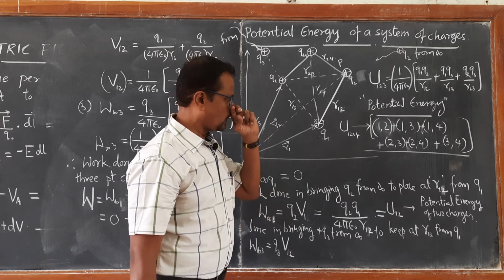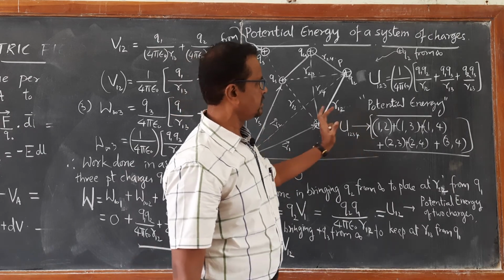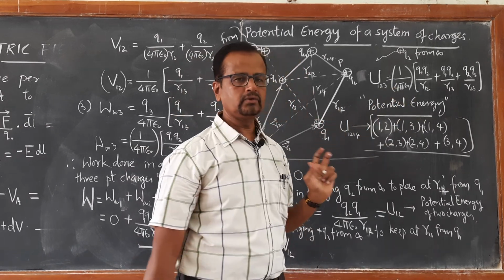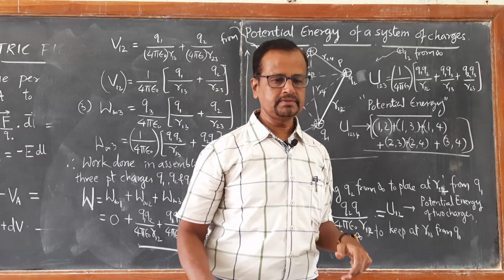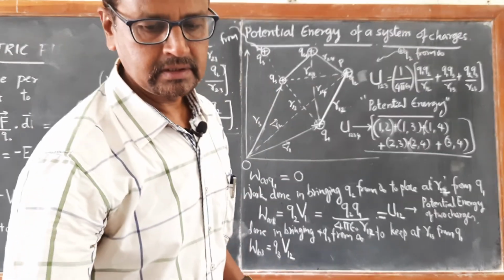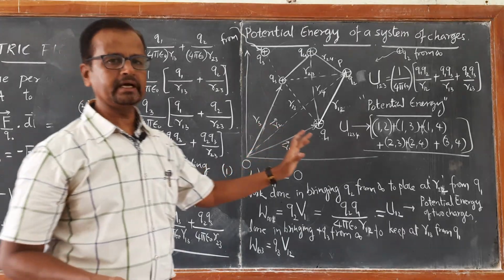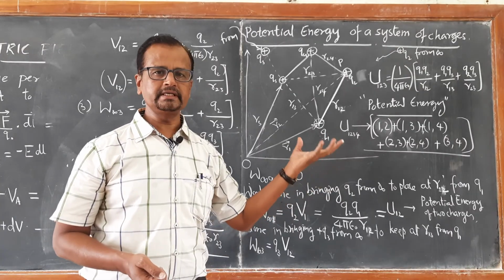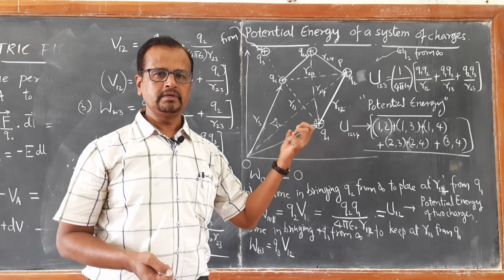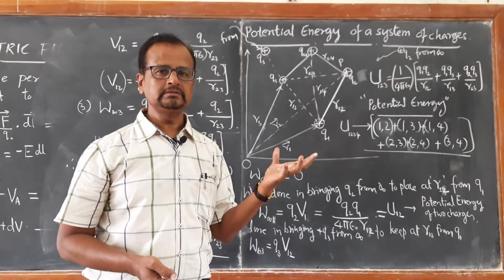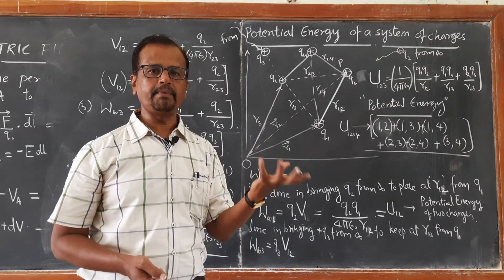So if you remember this order, then you will be able to write the total potential energy of a system of n number of charges. So remember, here the work is done against a conservative force, that is the force of repulsion, the electrostatic force of interaction. So work done is path independent.